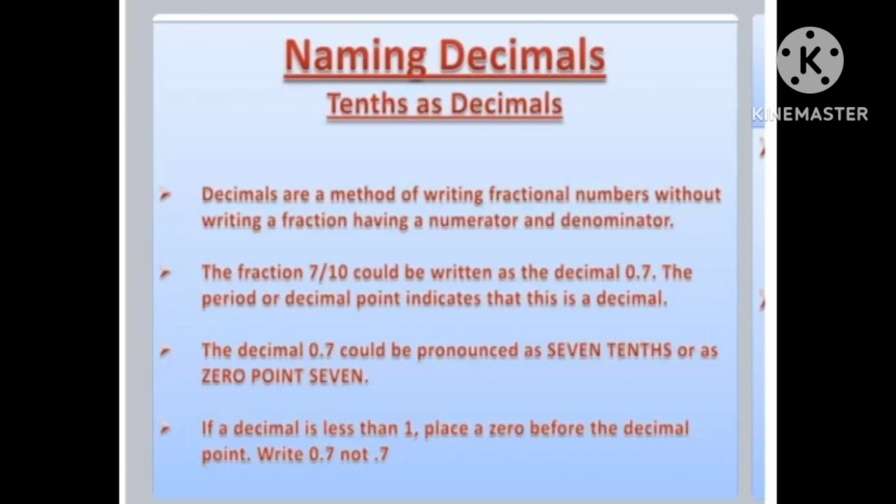The period, or decimal point, indicates that this is a decimal. The decimal 0.7 could be pronounced as 7/10 or as 0.7. If a decimal is less than 1, place a 0 before the decimal point, so write 0.7.